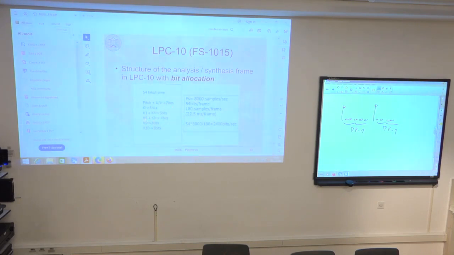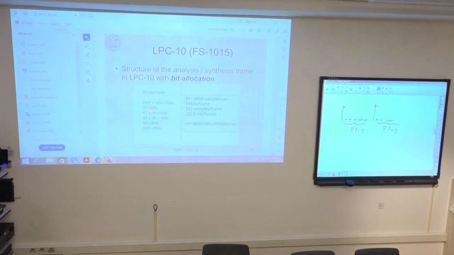Then K5 to K8 are quantized with 4 bits, K9 with 3 bits, and K10 with only 2 bits. Pitch is quantized with 7 bits, including the voiced-unvoiced switch. So 1 bit binary information for voiced or unvoiced, plus 6 bits for pitch. And gain term is quantized with 5 bits, but on logarithmic scale.